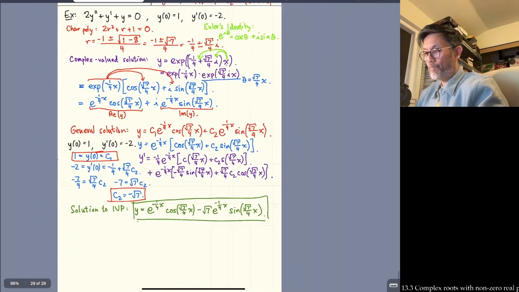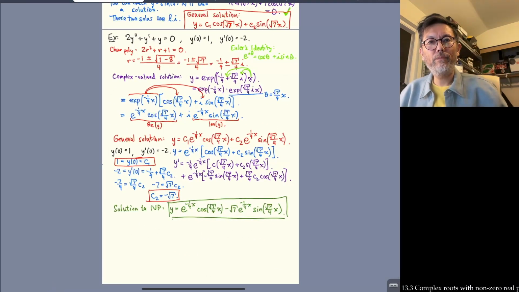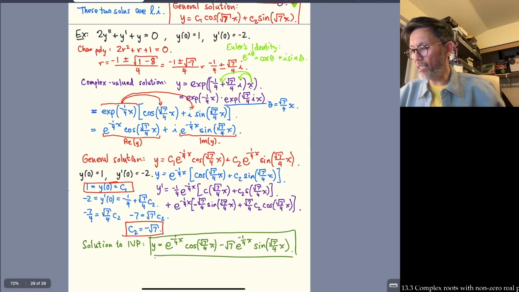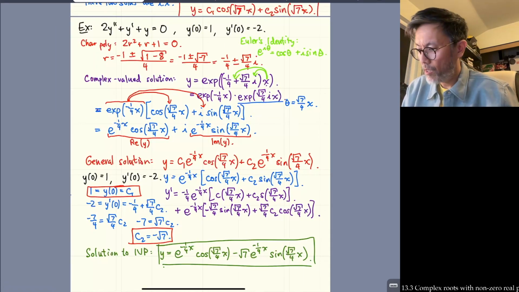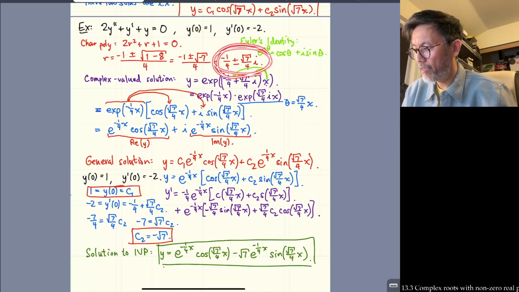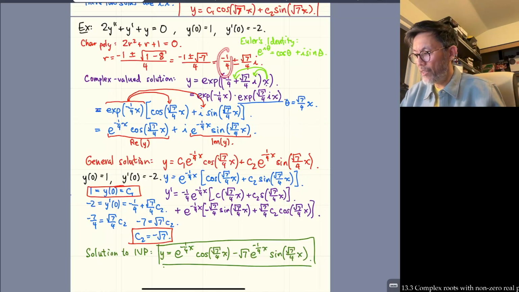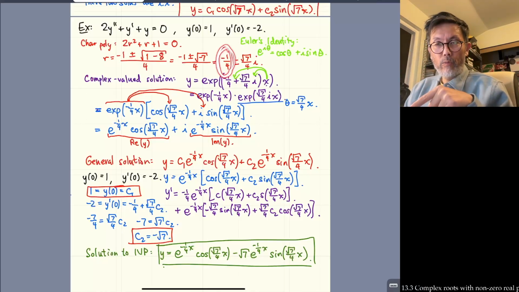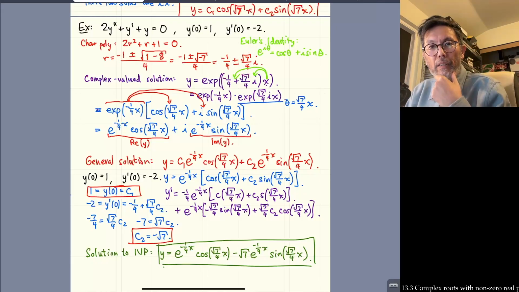Now, if you take the broad view here, really everything in this problem was downstream of this calculation right here, of where we found r. This allowed us to find the real part of the root and the imaginary part of the root, okay?